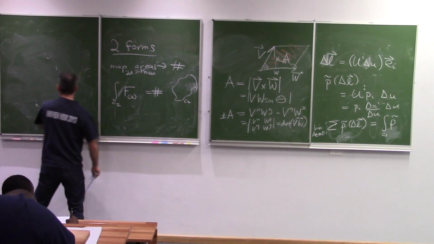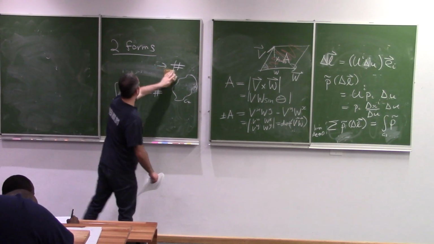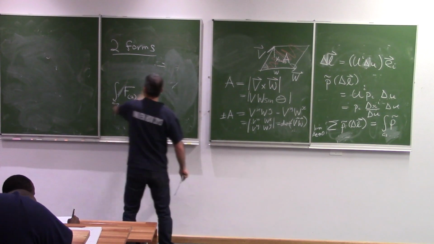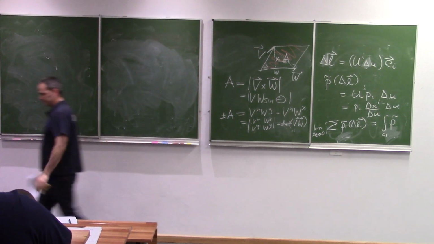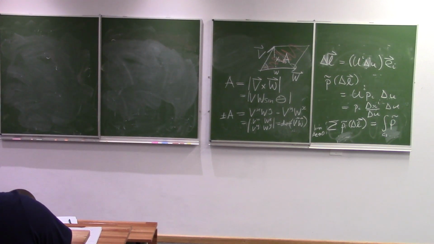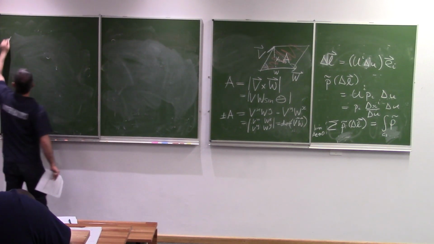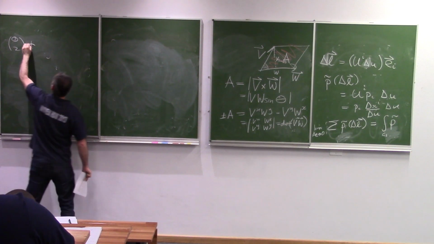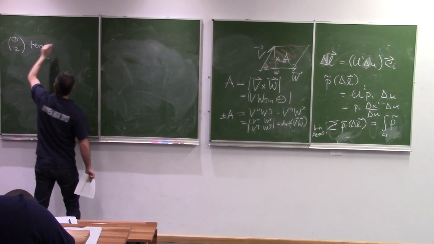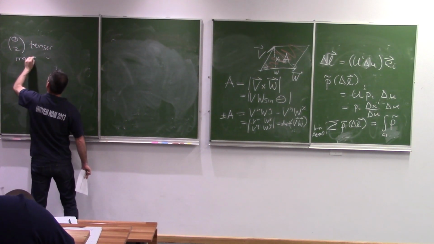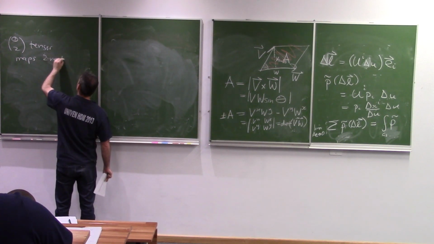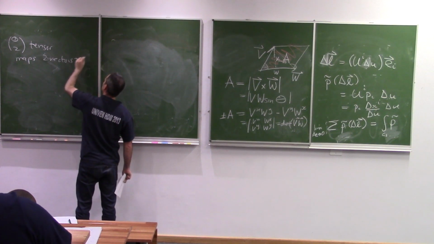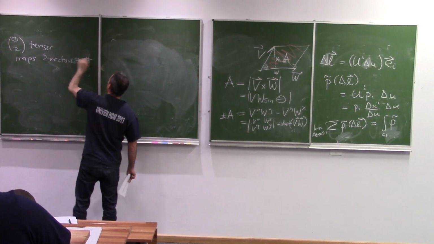So a general 0-2 tensor will map any two vectors to a number. A 0-2 tensor is something that maps two vectors to a number.